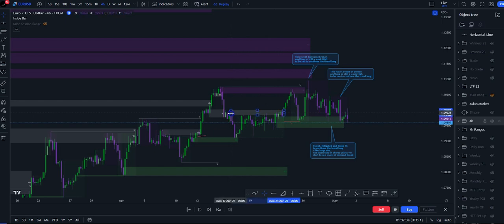This level is a bit substructure-y, right? But this level's not. This is a good extremity, and even though we've wicked above it, there's still a breakout. It's still gone higher, still broken through this level of supply and this level of supply, and we swept inducement, right?